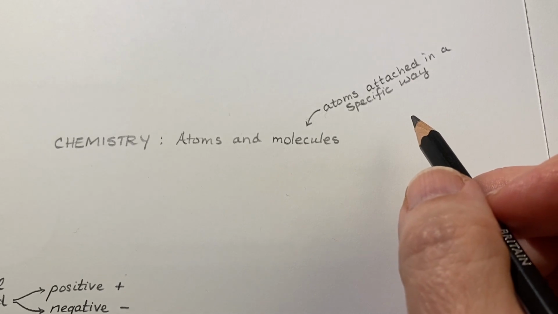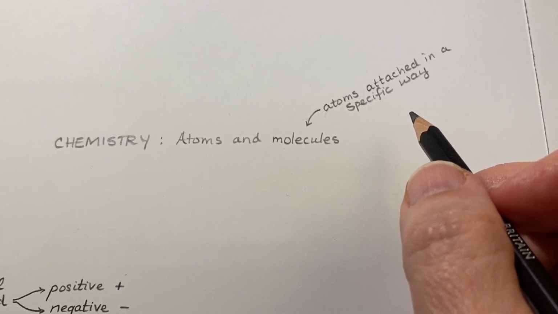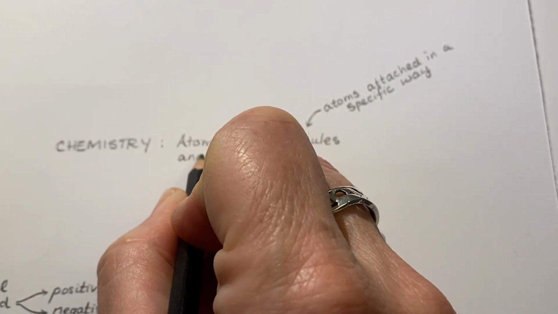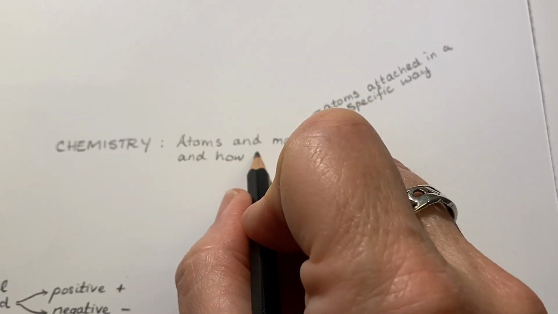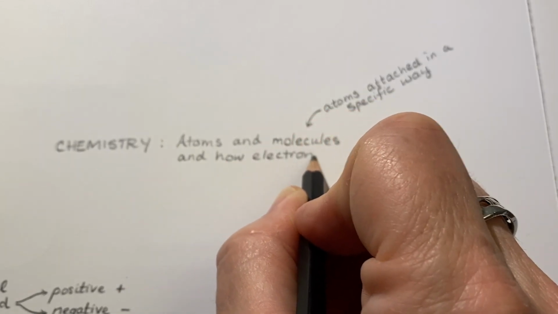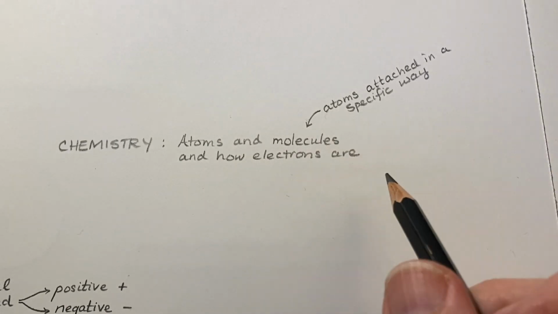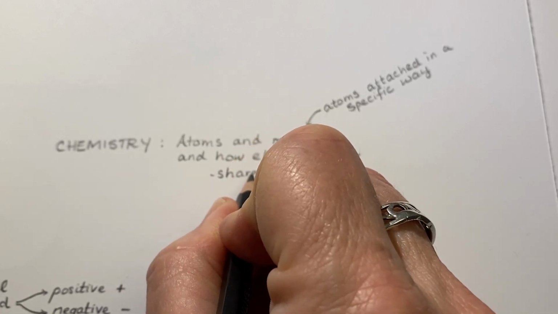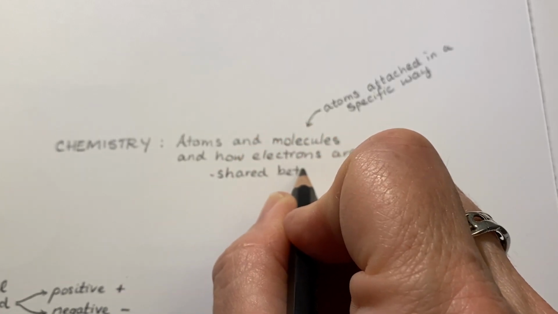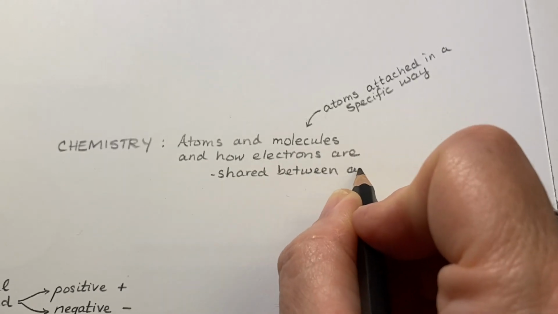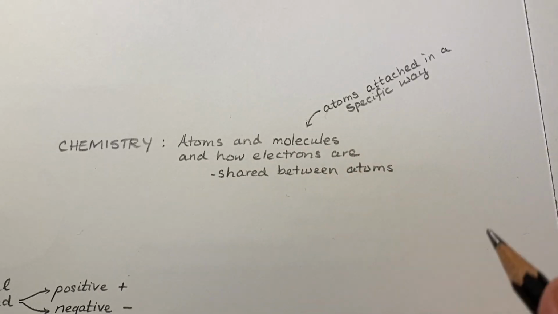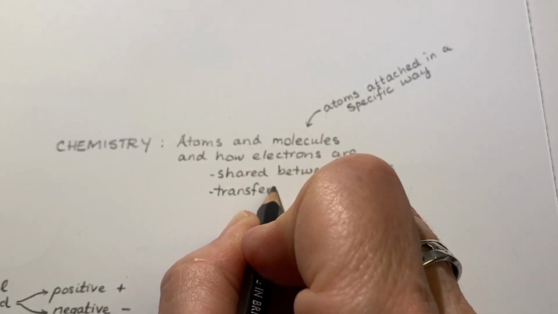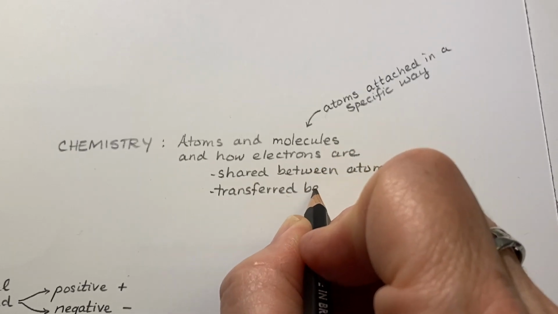And essentially, the behavior of the electrons is that they are either shared between atoms, or maybe they're transferred between atoms.